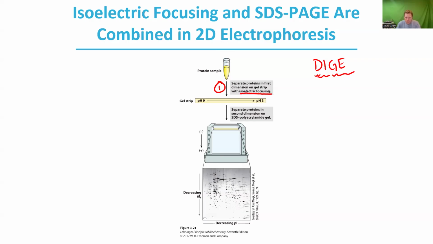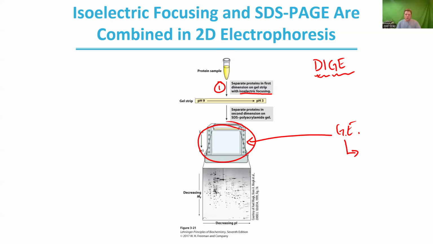Then what you're going to do is take that strip and put it on top of a gel. This is your standard gel electrophoresis. Can you tell me what property you're separating these proteins based on? Molecular weight.